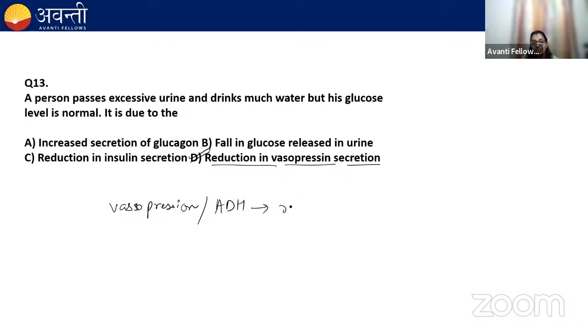Its function is to reabsorb water and minerals or electrolytes. If vasopressin is produced in a very small amount, then water reabsorption will be reduced. That means a large amount of water will be lost through urine. So the correct option is D.